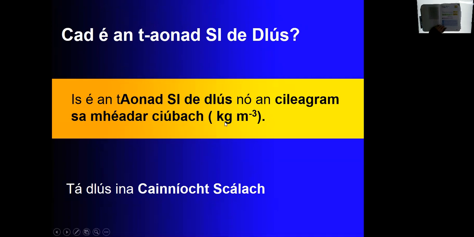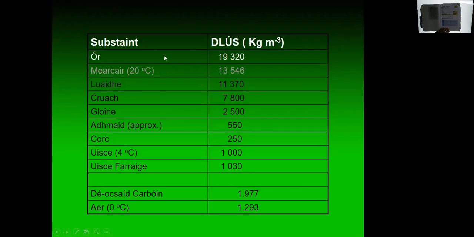It is a scalar, so that means it has no direction. Now, the substance with the greatest density is gold, at 19,320 kilograms per meter cubed.